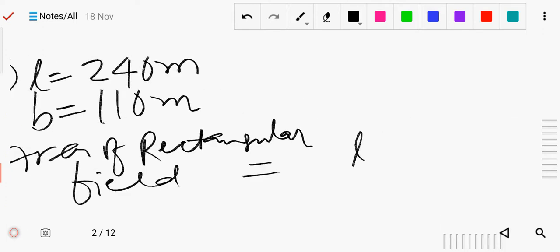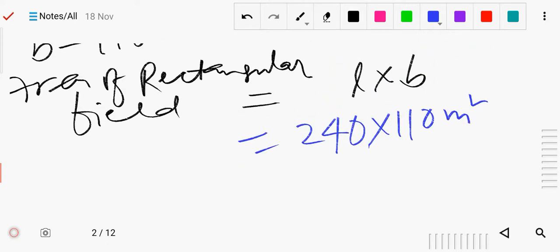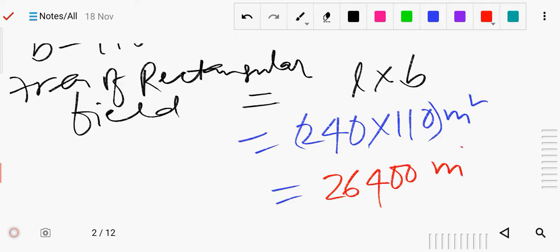L into B. Now L is 240, multiplied by 110, and this will be in meter square. Now you can multiply these two. So what will be the answer? You will get 26,400 meter square.